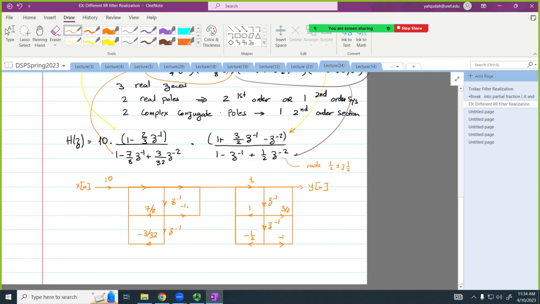This is 1 and -2/3. Very good. So looking at the number of multiplications, we have 6 multiplications, and the number of delay elements is equal to 4.